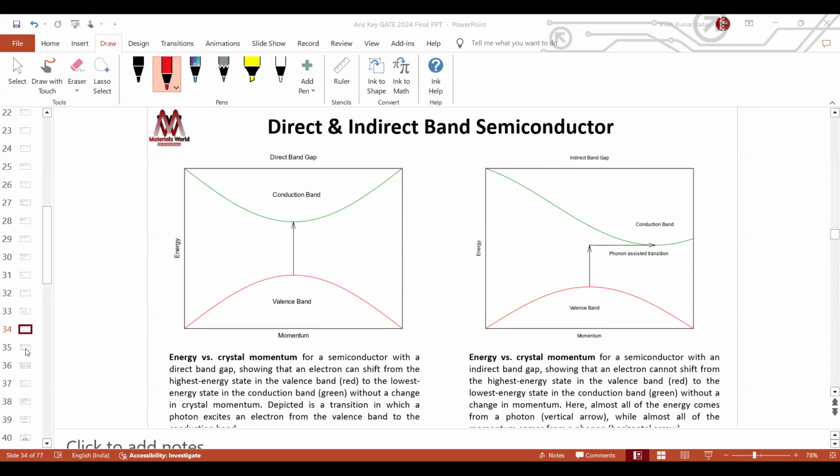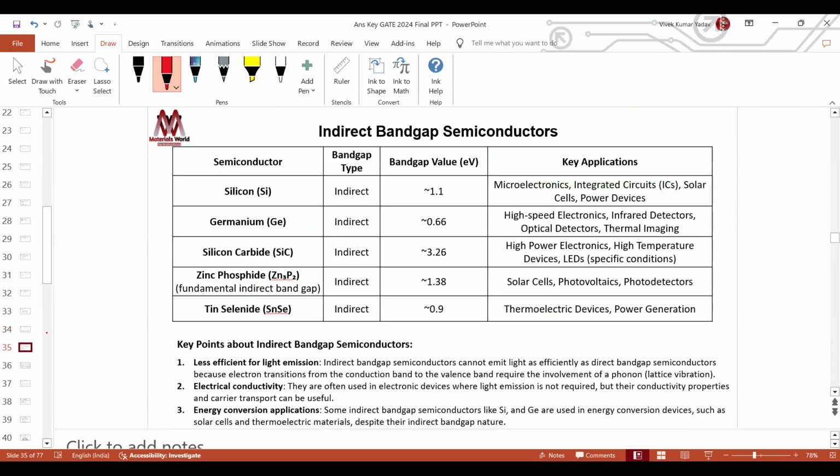Now let's go to examples of indirect band semiconductors. It's very important to know the examples and their applications. All the elemental ones, like silicon and germanium, are indirect band semiconductors. It doesn't mean we cannot use them.